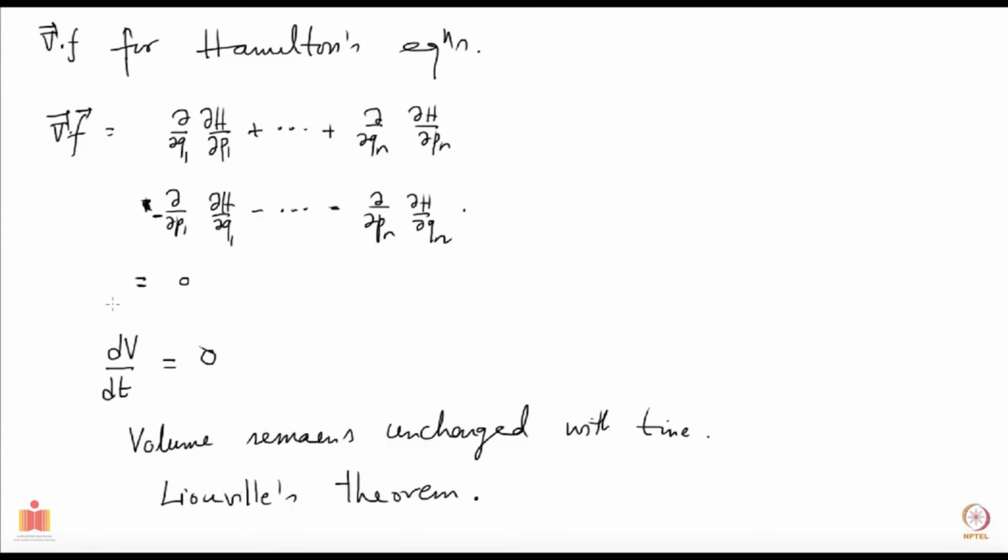I hope this is clear, that this is the total time derivative of volume, and you should contrast it with the partial time derivative. The statement where the partial time derivative is 0 is different from the total time derivative. When you are talking about a total time derivative, in addition to time changing, the coordinates are also changing, because d over dt is the partial derivative with time plus derivatives with respect to all the other coordinates.